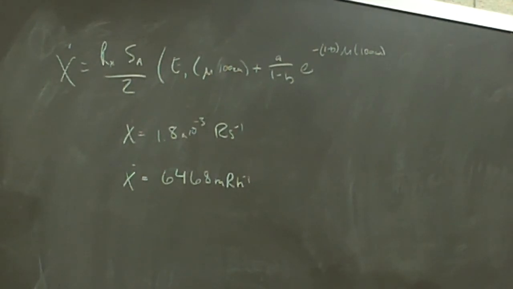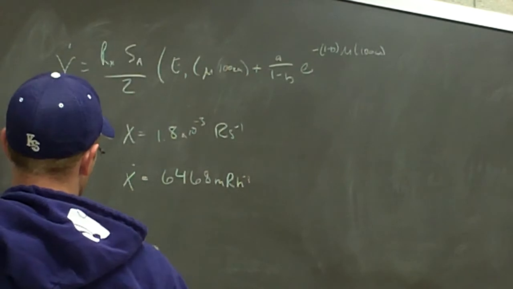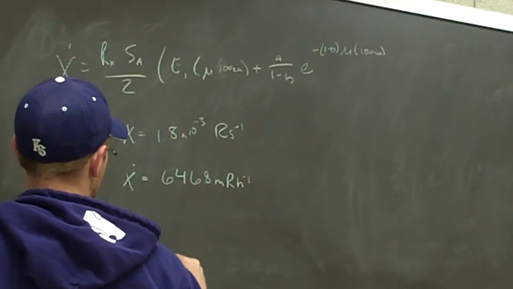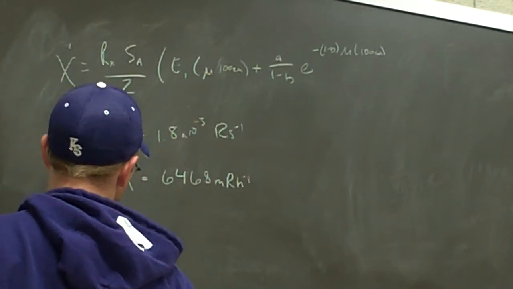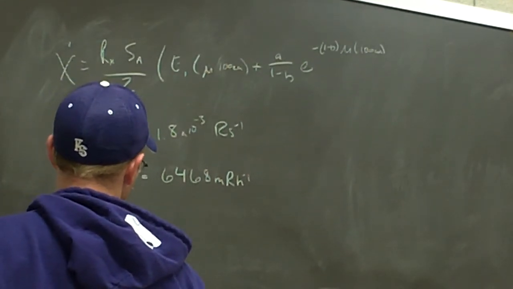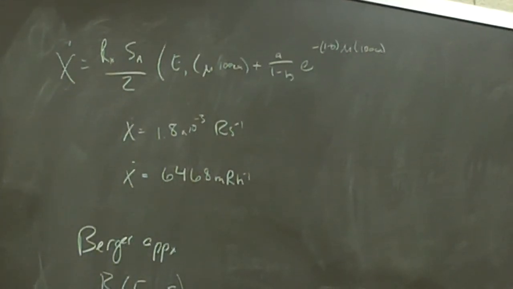For this problem, if you were calculating the Berger approximation, B is a function of E and mu R, where R would be the distance between the point and the ground.